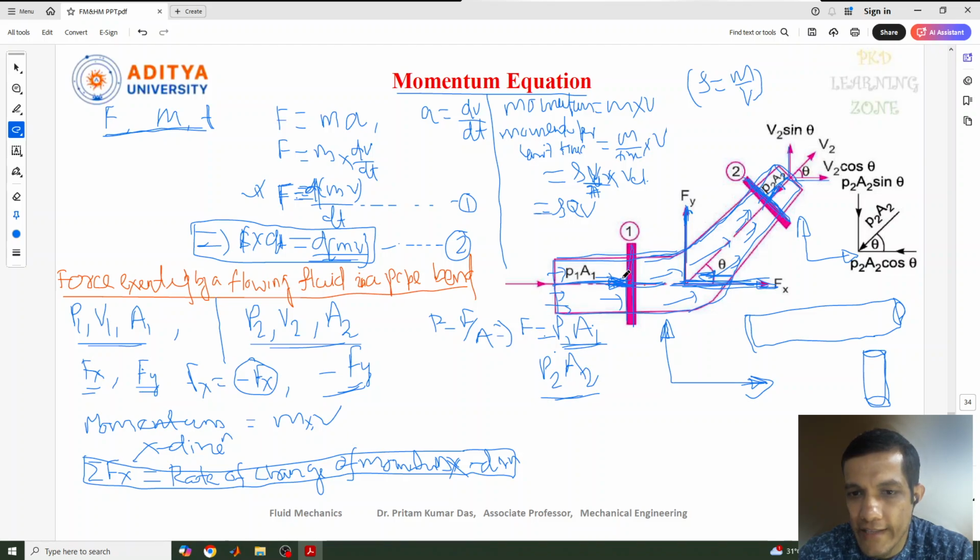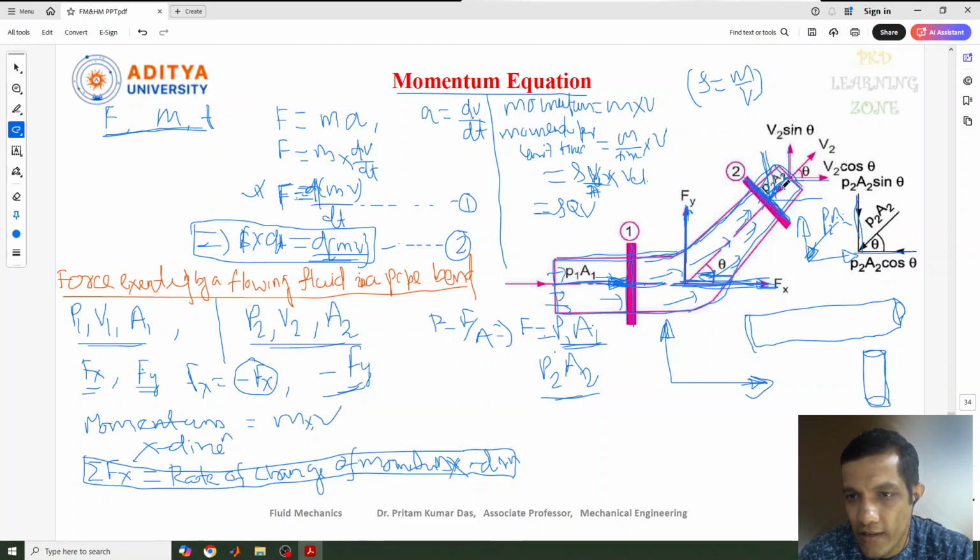Now at this point, this is the pressure force P1 A1. But at this region, where the pressure force is acting at section 2, like P2 A2. Yeah, the diagram is already drawn here. So here at this point, P2 A2 is there, and P2 A2 makes an angle of theta to this section.